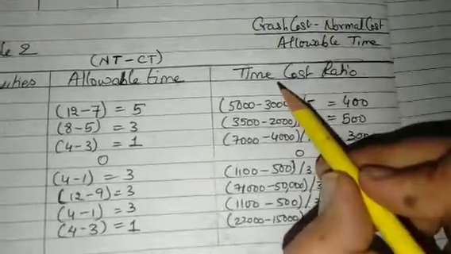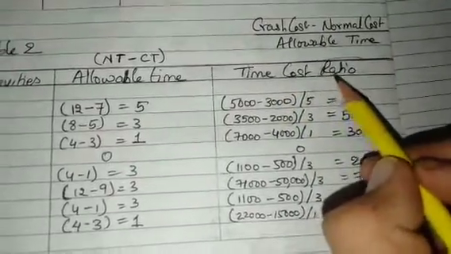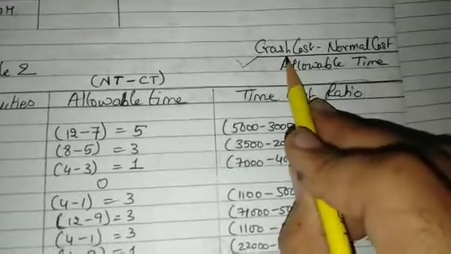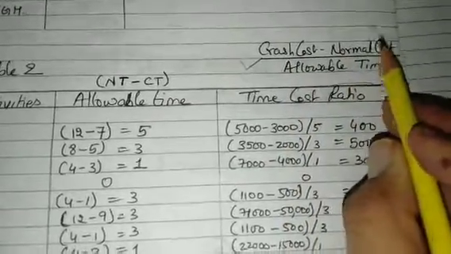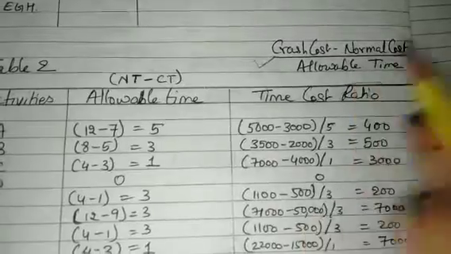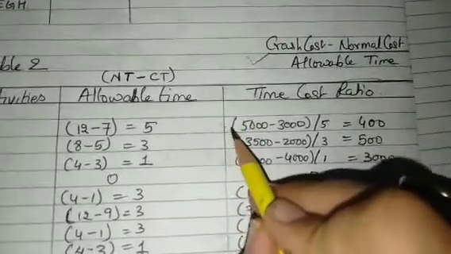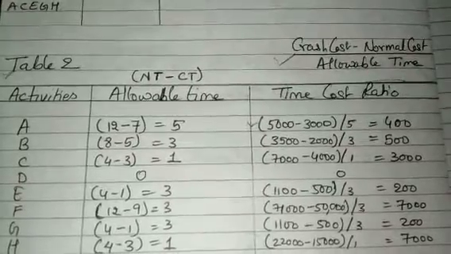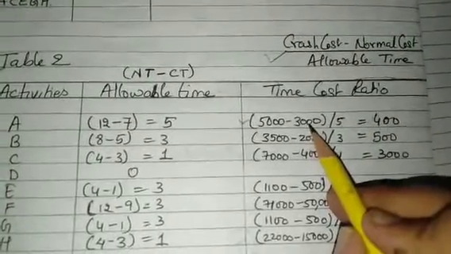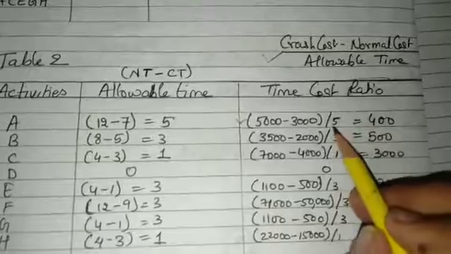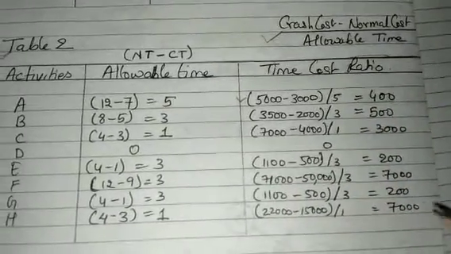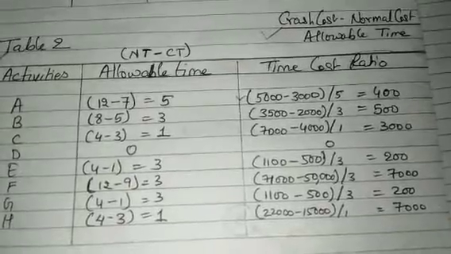Again I would find the time cost ratio by the above formula, that is crash cost minus normal cost divided by allowable time. For the first activity, the crash cost was 5000 and the normal cost was 3000. So 2000 divided by 5 gives me 400. Similarly I have found it for all the activities.